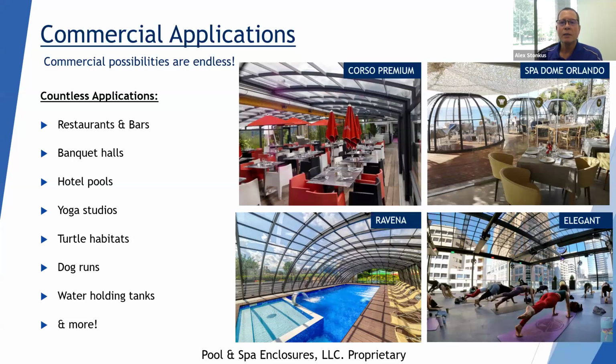The top right is a restaurant application where they have exclusive dining. We have our spa domes there. And again, they've got exclusive dining so that they can get in and enjoy an atmosphere from that standpoint.